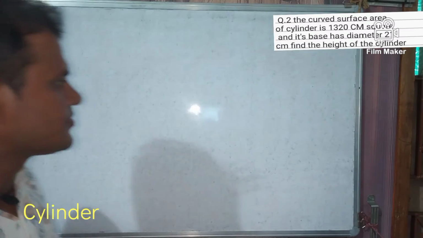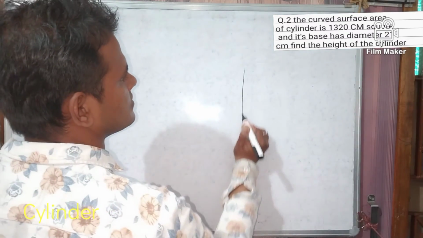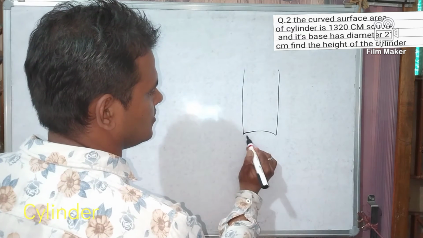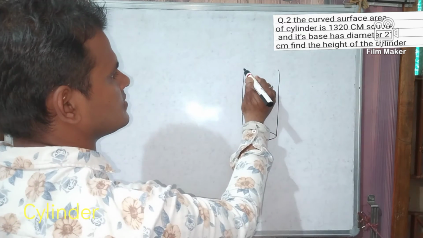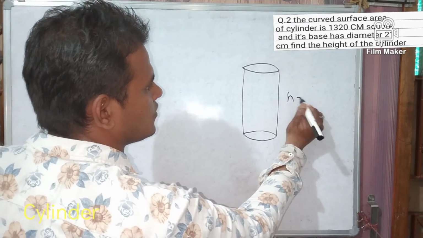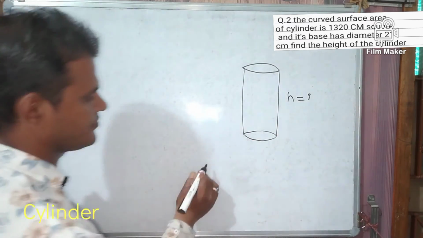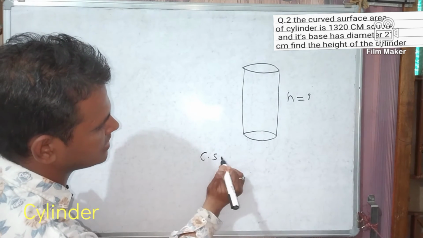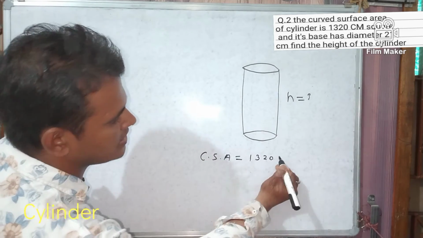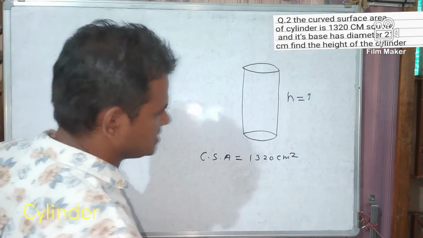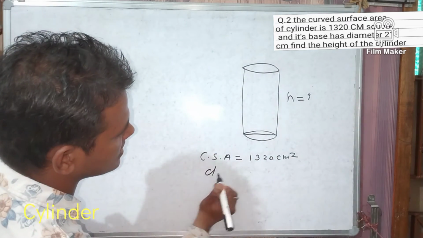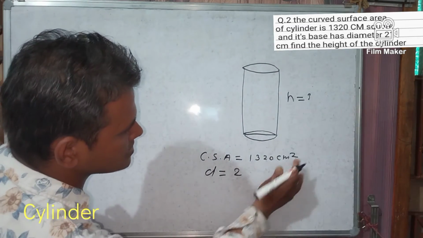So now see here, this is a cylinder. Our target is to find the height of this cylinder.